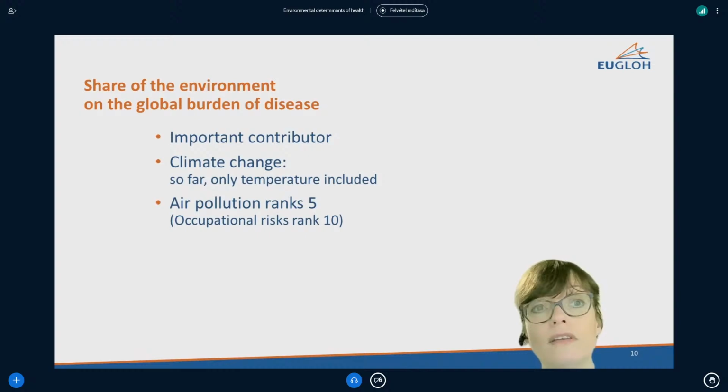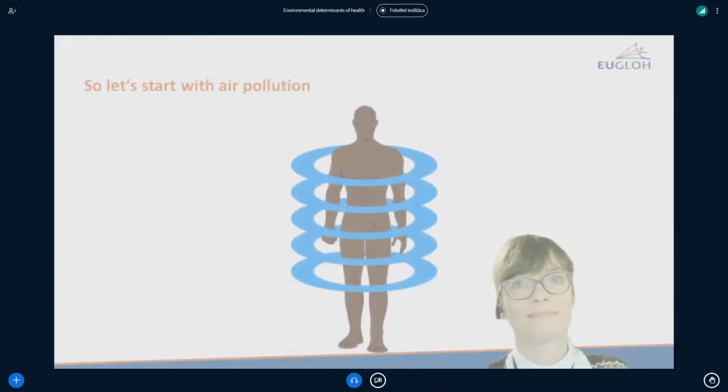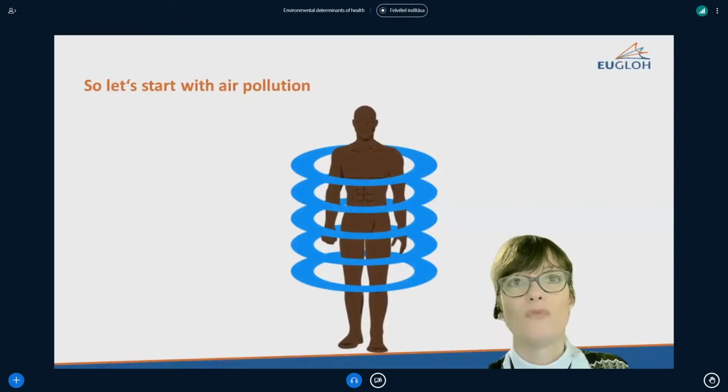Let's start with an example on air pollution, as we just learned that air pollution is very important for the global burden of disease. For this, I would like to invite you to travel with me to the Chilean desert in South America. We will visit a town called Andacollo.